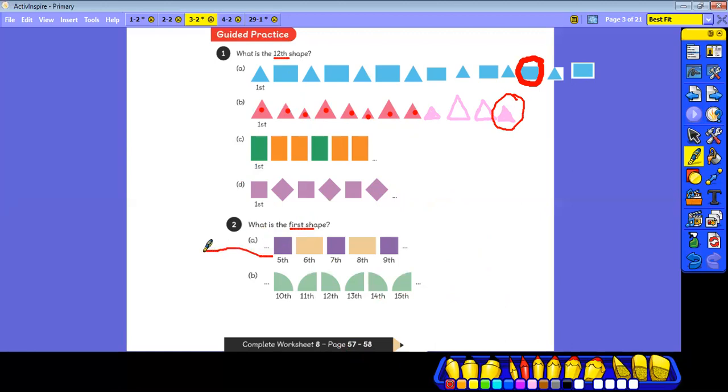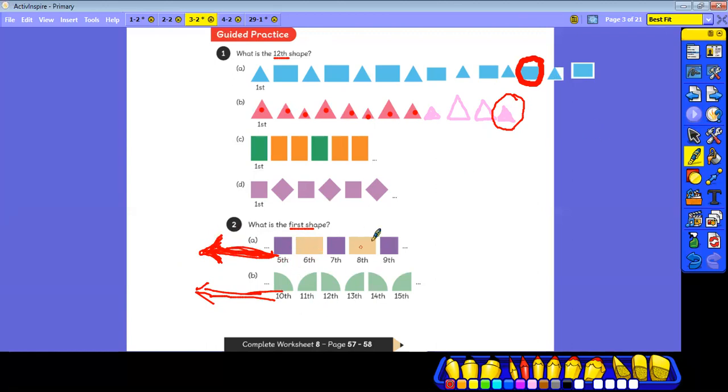So you're going to have to go in that direction to figure out. Oh, I'm going to try and make my arrow look a little bit more like an arrow. So you're going that way to find the first shape, okay? Whereas up here, you're going that way to find the 12th shape. So you're going to have to work backwards there.